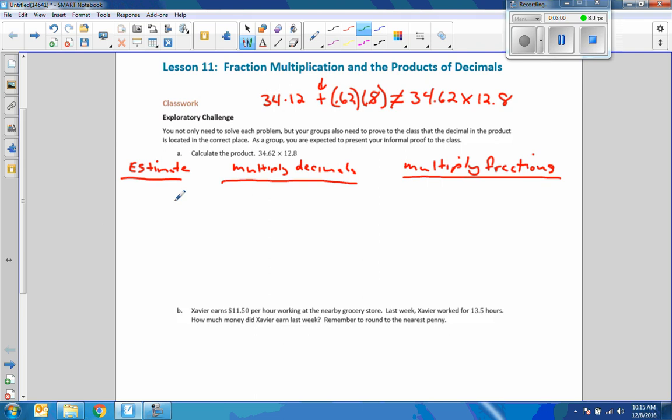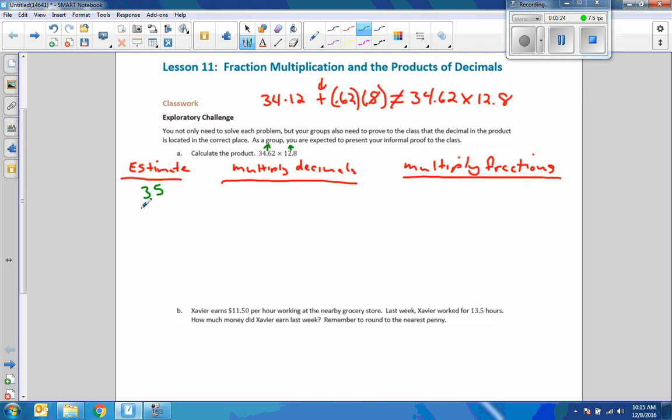Okay, so first I'm going to do the estimate. 34.62 is more than 34.5, which is a half, so I'm going to round this one up. 12.8 is more than 12.5, which is halfway between 12 and 13, so this one is rounded up. So round 34.62 up, and I get 35.